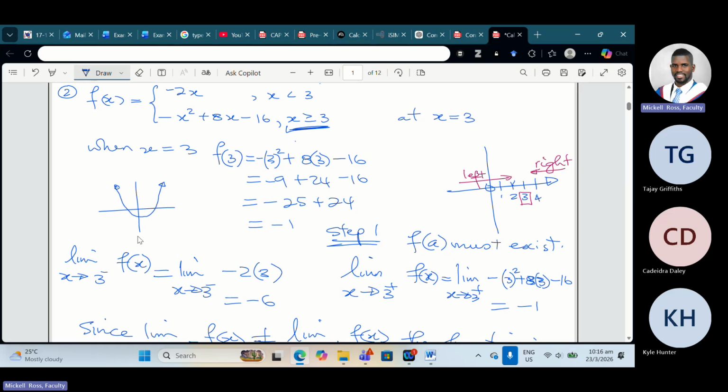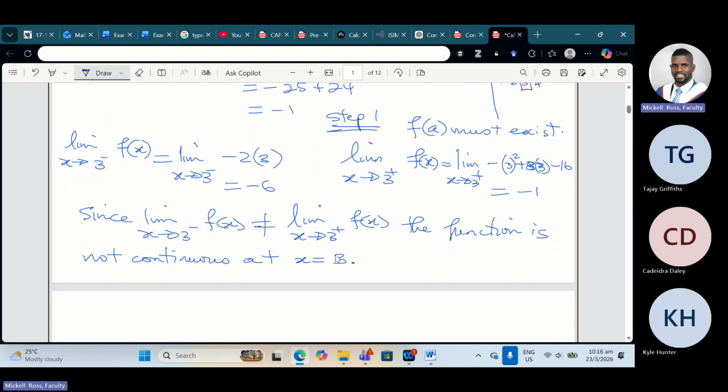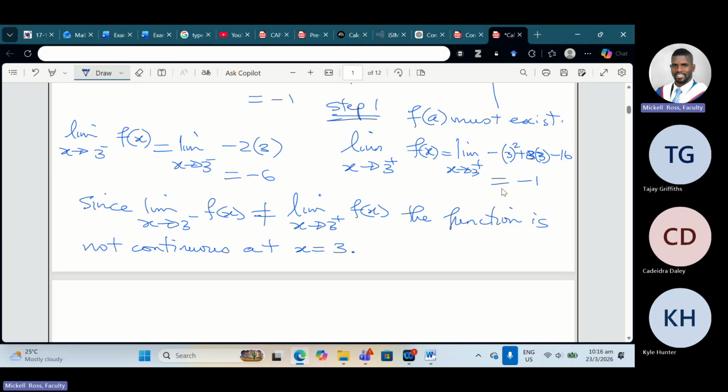But there are some functions that are discontinuous, and I'm going to show you how to draw those. They have a jump. So we're going to look at what a jump discontinuity is, and see how that looks on the graph. For this function, because you get two separate values for x, this would be a jump discontinuity.